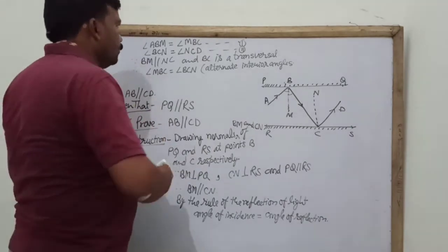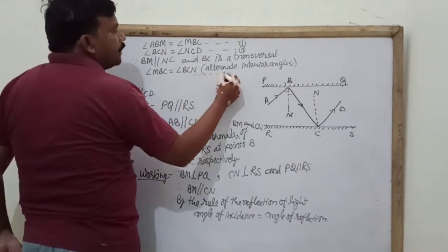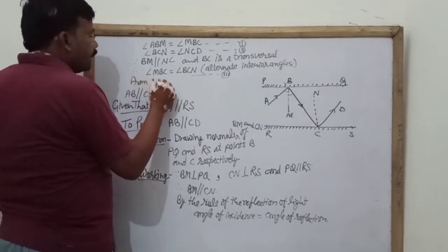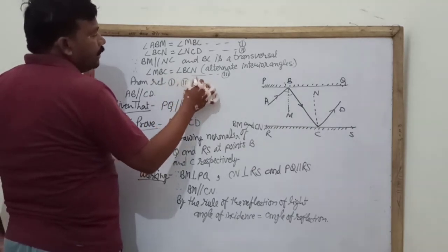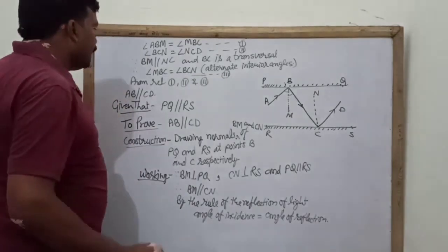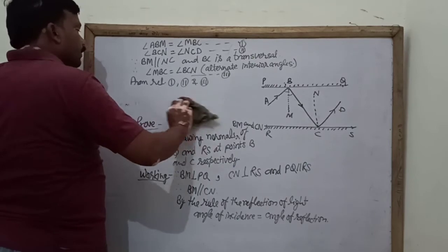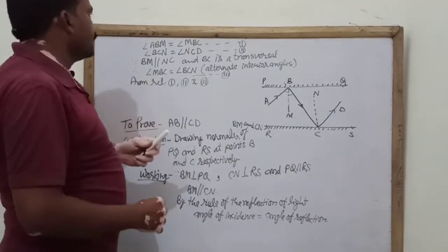Now move to next step. This is our third relation. So from relation first, second, and third, what will be the outcome from these three relations?